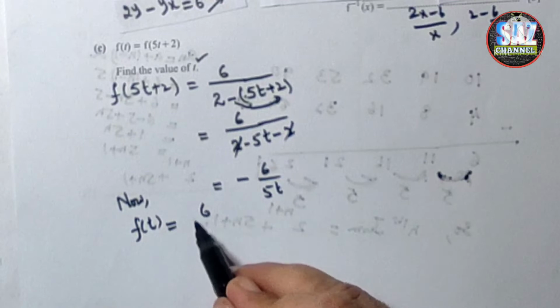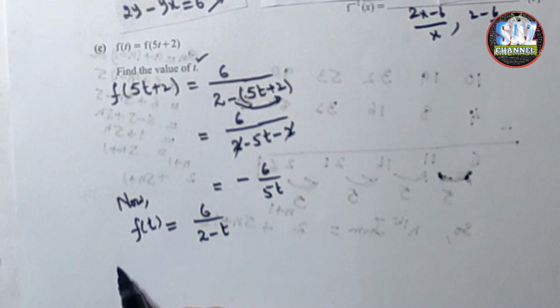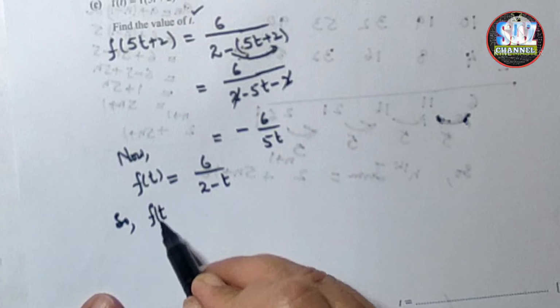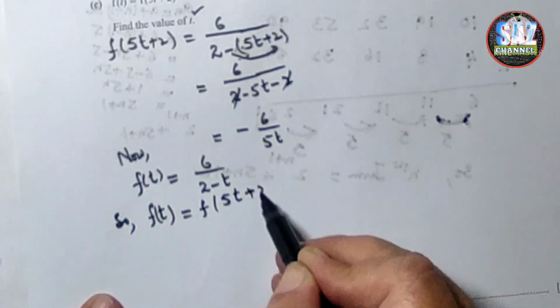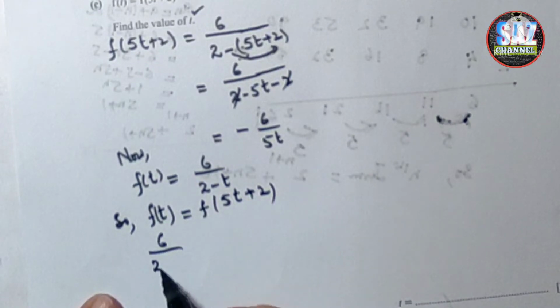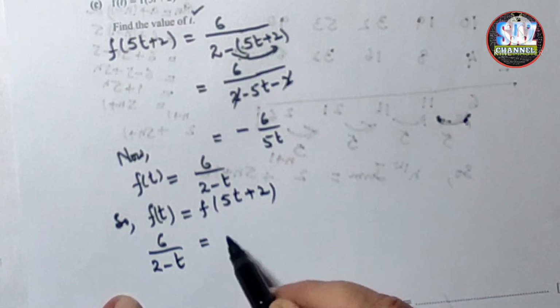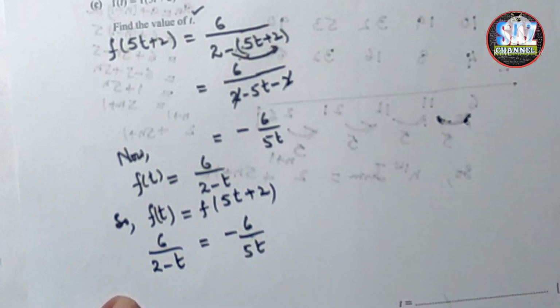That will be 6 over 2 minus t, and then f of t equals f of 5t plus 2. This will give me 6 over 2 minus t. Instead of the variable x, I will be replacing t, equals minus 6 by 5t.